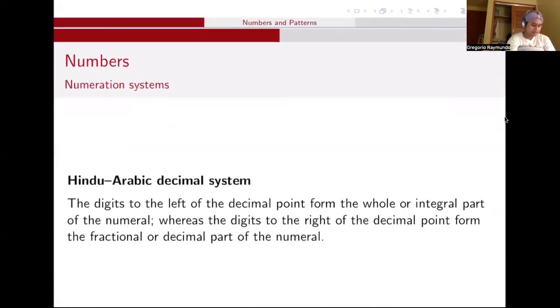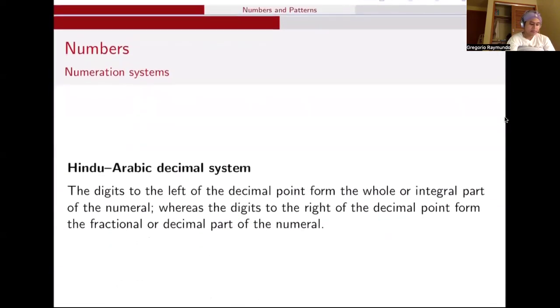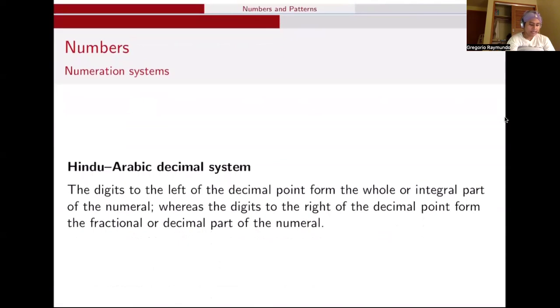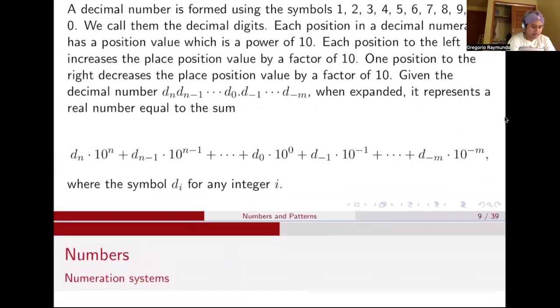Okay? So the digits to the left of the decimal point form the whole or integral part of the numeral, whereas the digits to the right of the decimal point form the fractional or decimal part of the numeral. So ito yung decimal part, ito yung whole number part. Ito yung decimal point. So ito, nakalutang yung dot, dot, dot. Tapos ito, nakababa. Tapos dot, dot, dot na nakataas.